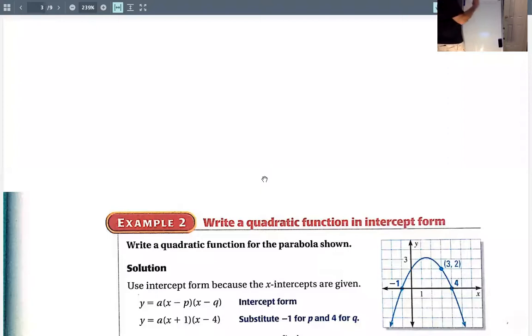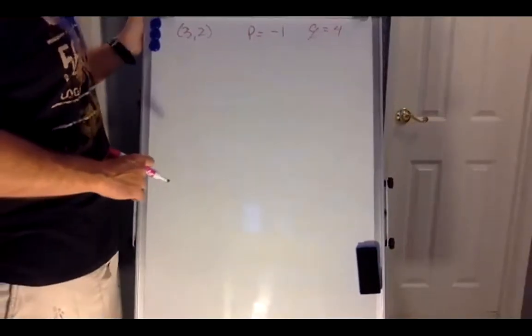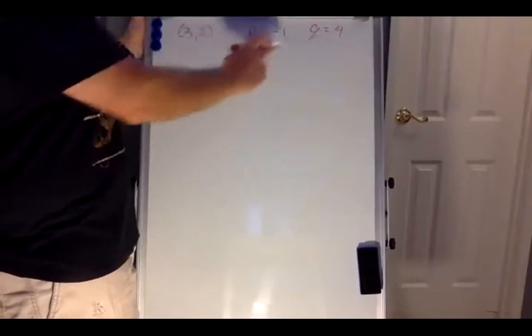Anyway, okay. Let's see. I have a P of -1, and it doesn't matter which one's P and which one's Q. And I have a Q of 4, and I have a point (3, 2). I don't even need the graph when I show you guys. These are the points of interest that I have: a point on the graph, and these are the two roots.